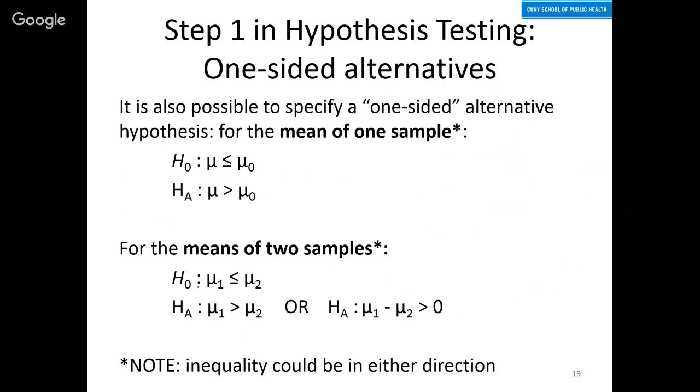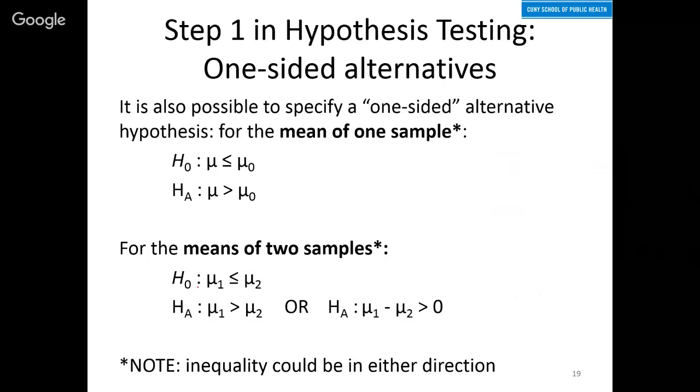So it is also possible to specify a one-sided alternative, and sometimes this can be tempting to do when you have a strong feeling about what the direction of effect of a treatment should be. In this case, the null hypothesis is actually an inequality.